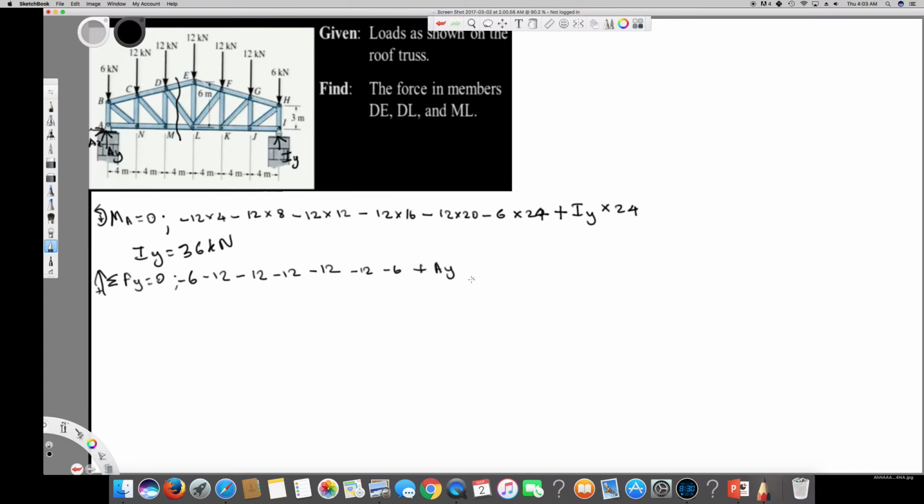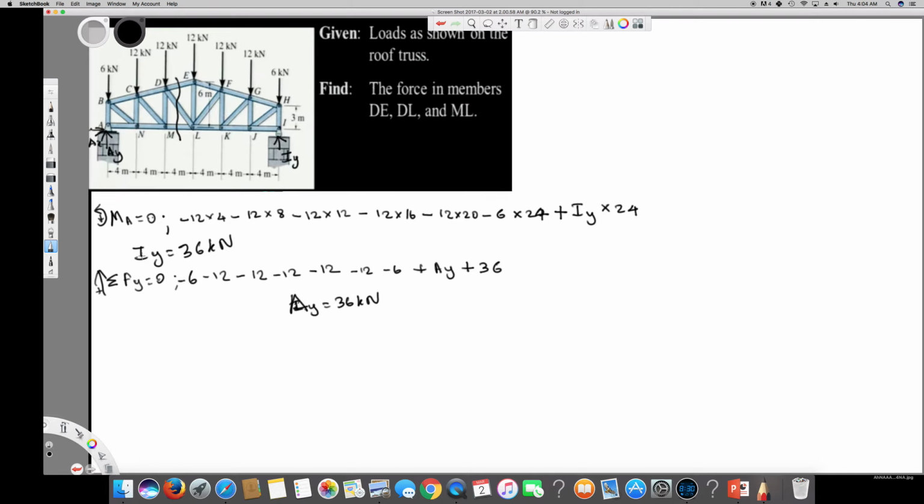When you solve this one, and also Iy is positive, you will get Iy is equal to 36 kilonewton. Ay is equal to 36 kilonewton.